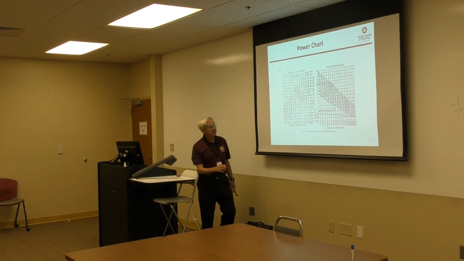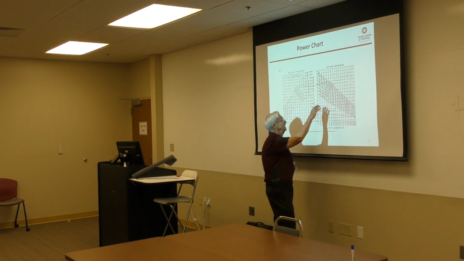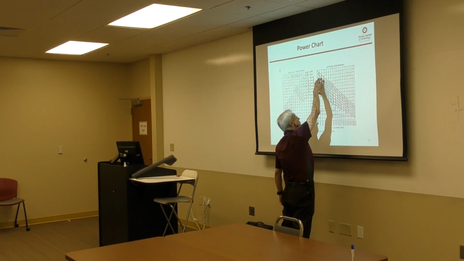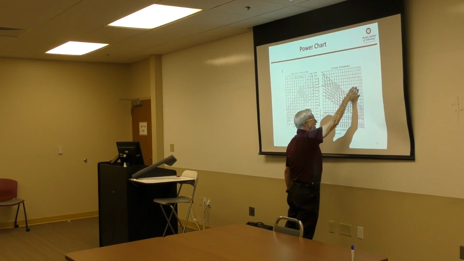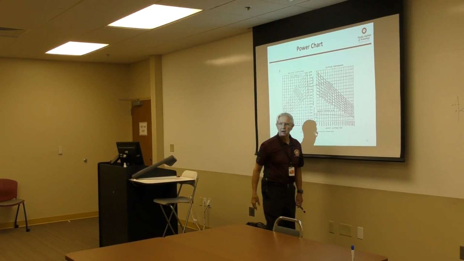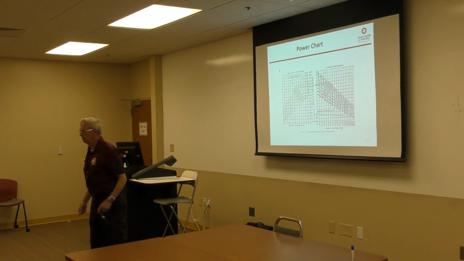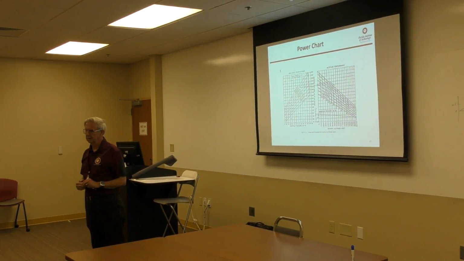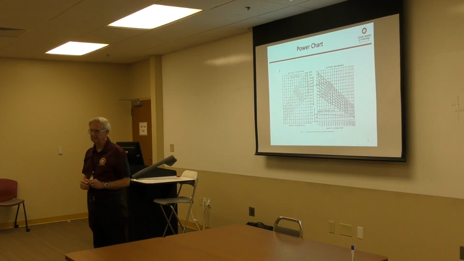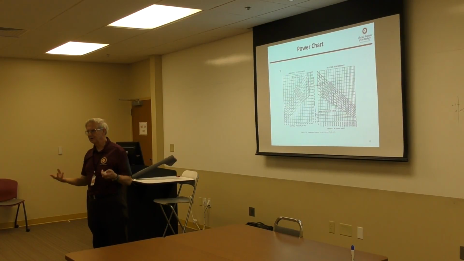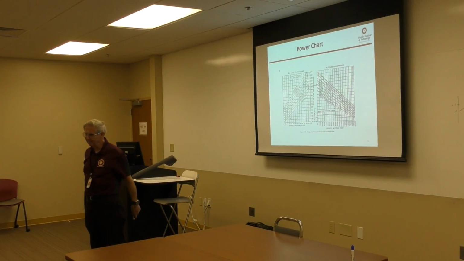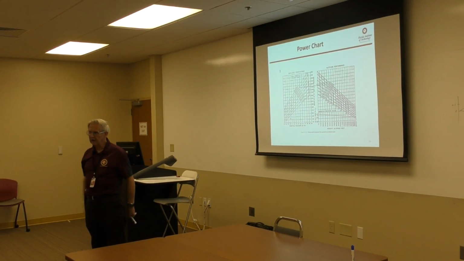If you were to see a turbocharged engine, these lines would look kind of like this, and then they start down, okay? Why? Because that turbocharger is going to keep the pressure up to a certain altitude.